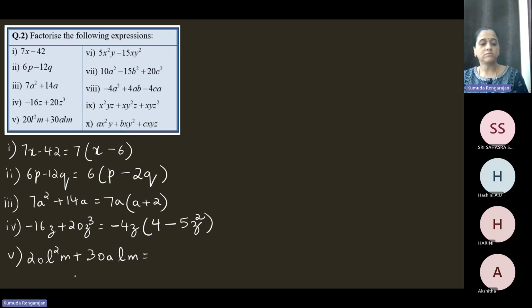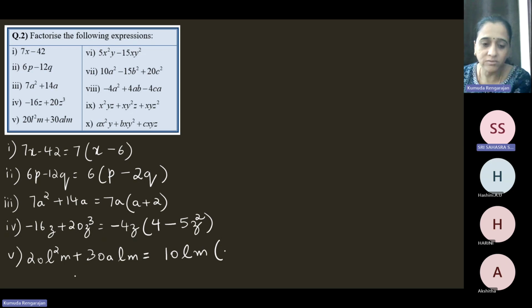Sahasra, HCF of 20 and 30? 10. L square and L? L. M and M? M. So 10LM.